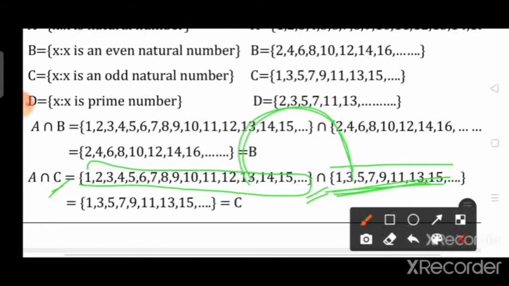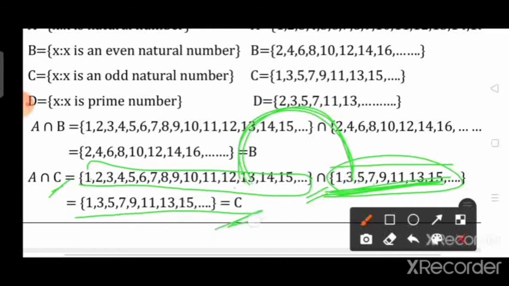That's why we have to check. 1 is present here, 3 is present here, 5 is present here, like that. These all elements are present in this also, which means these elements are common to both sets. That's why our answer is 1, 3, 5, 7, 9, 11, 13 and 15, and so on.